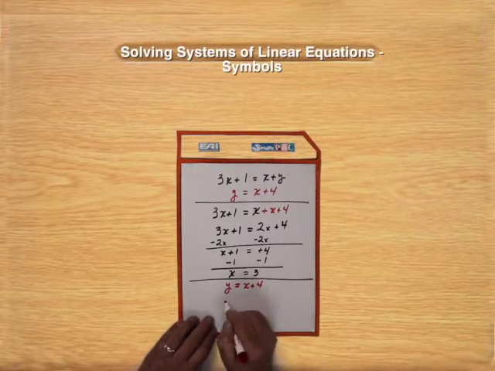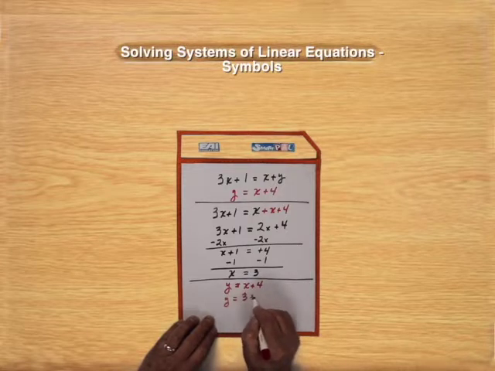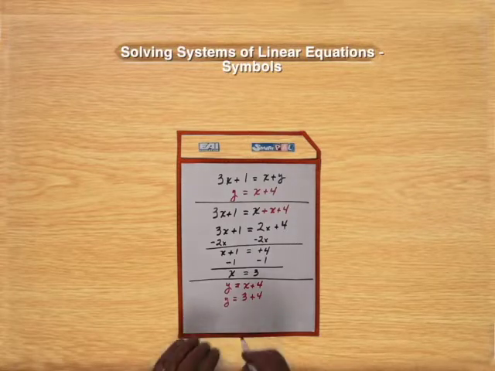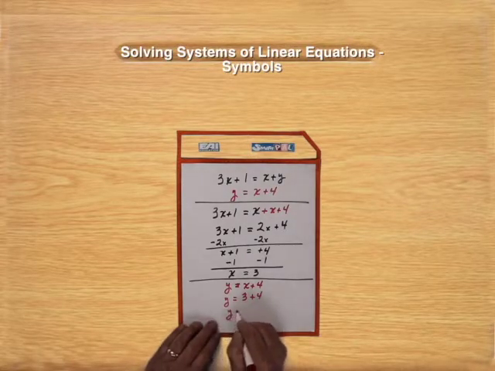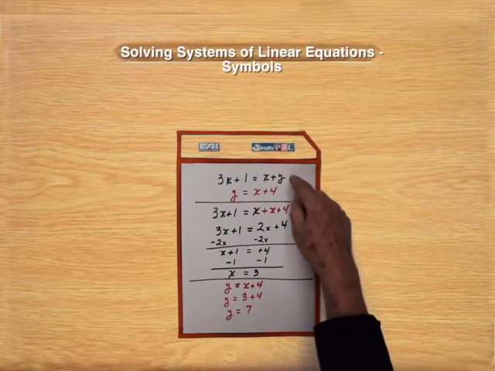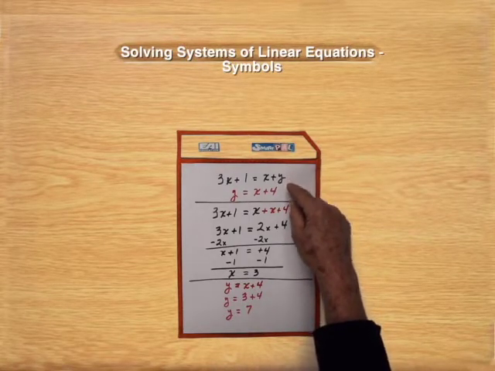So what we're going to have is y equals 3 plus 4. So this now gives us a value of y, because y is now going to equal 7.